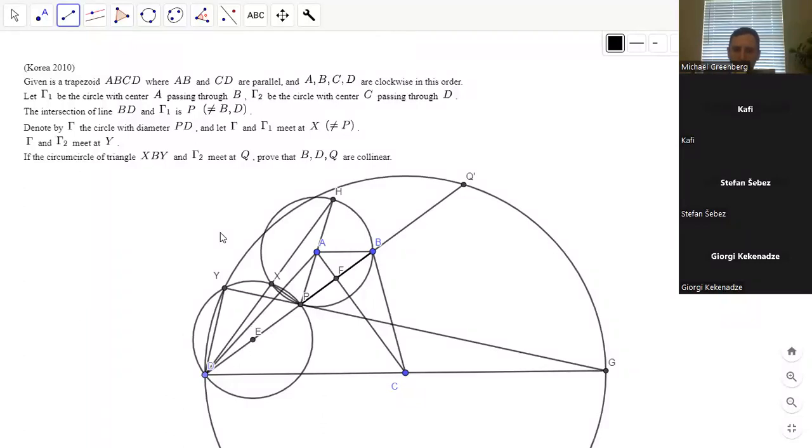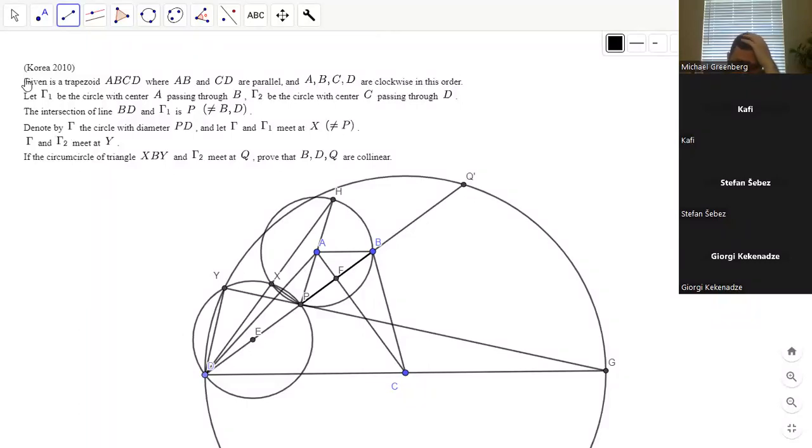XYQ prime is something we can calculate, I think, because XYQ prime is DYQ prime minus DYX. DYX is XPB. So that's okay.